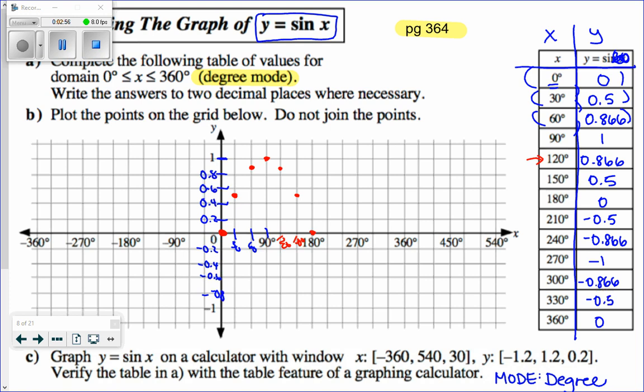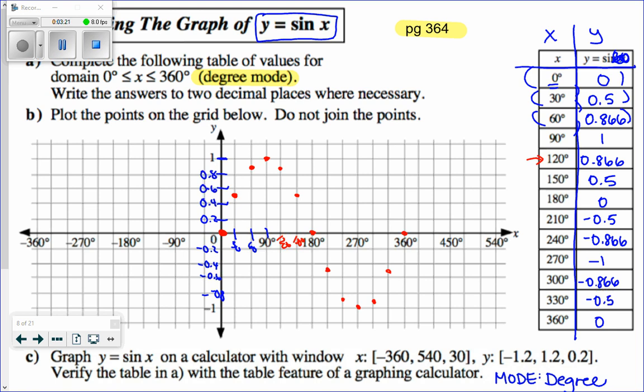So we've got 210 comma negative 0.5 right there. 240 comma negative 0.9. 270 comma negative 1. 300 is negative 0.9. 330 is negative 0.5, and 360 is 0.